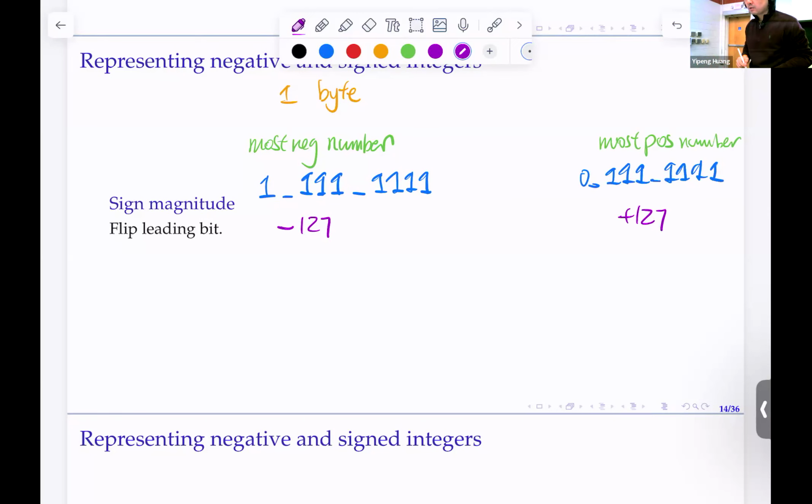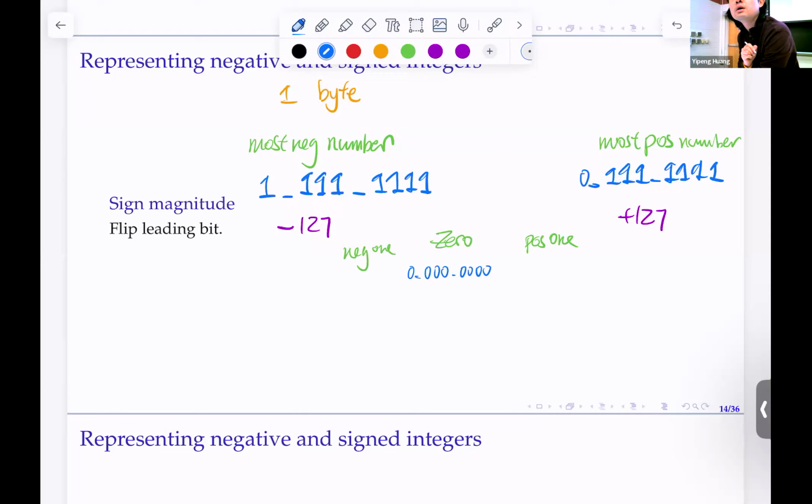How do we represent some other important numbers? How do we represent 0? All zeros, yep: 0, 0, 0, 0, 0, 0, 0, 0.